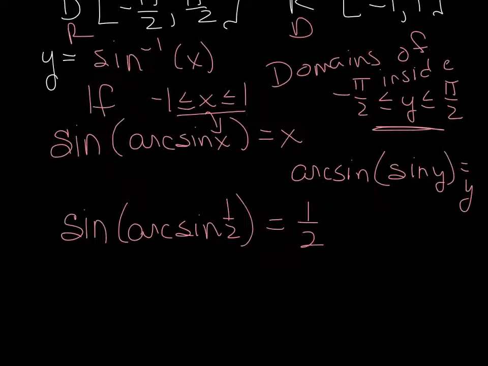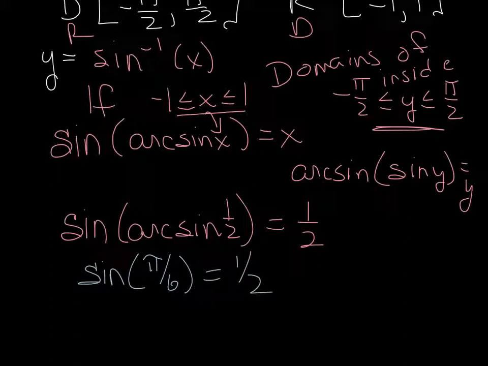Pi over 6. What's the sine of pi over 6? 1/2. So if we remember that we can check if this value is between negative 1 and 1, and this is the arc sine on the inside, and this is between negative 1 and 1, then the answer is just whatever this is, if these are inverse functions.